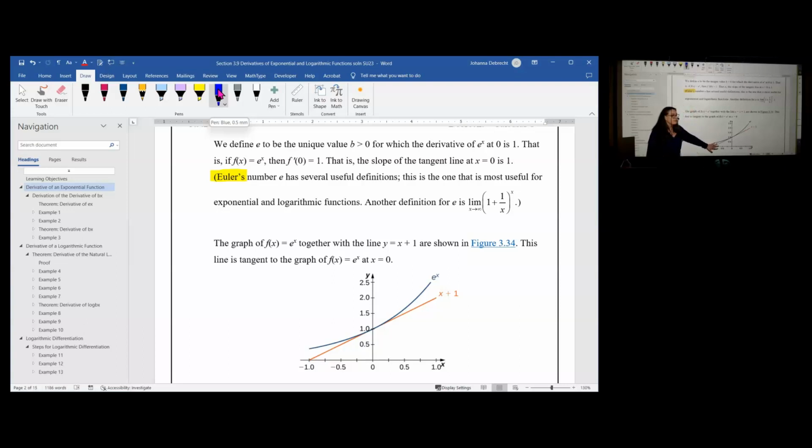Now let's look at the graph of e to the x. The graph of e to the x, you should remember from your pre-calculus days, does this. As it approaches negative infinity, it approaches the x-axis, 0. It crosses through the y-axis at the point (0, 1), and then it grows incredibly fast. We often describe compound interest using e. We also describe exponential growth and exponential decline using e.